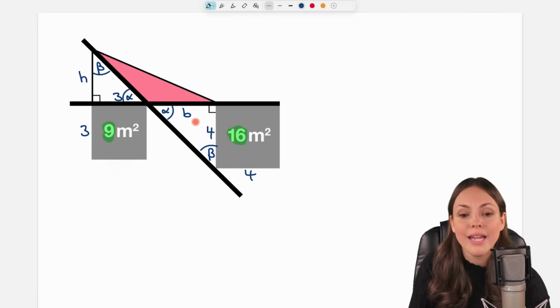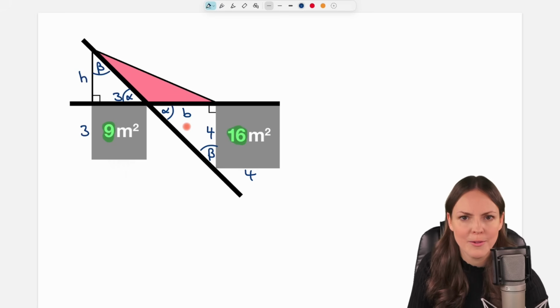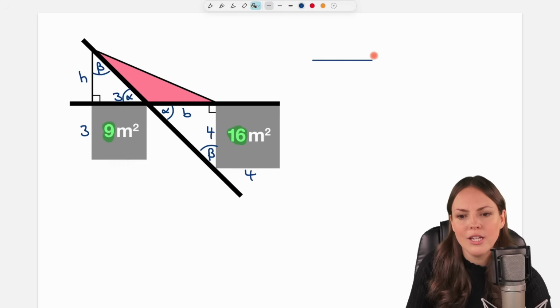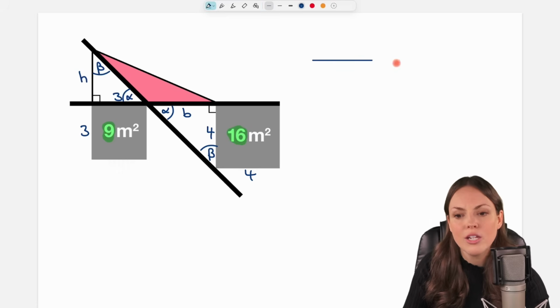And because we have the same angles in both triangles, these triangles are similar to each other, which is great because then we can use the following. If we create the ratio of two sides in one triangle, then this ratio is the same as the ratio of two sides of the other triangle.